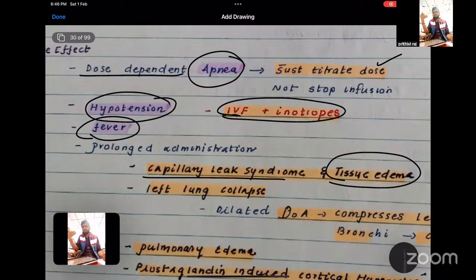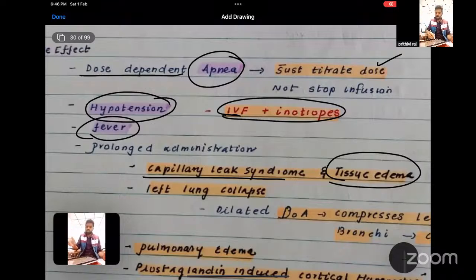Just beneath this ductus arteriosus lies the left bronchus. What happens? The ductus arteriosus gets dilated so much that a larger amount of blood is passing through it, so it becomes hugely dilated. Because of the dilated ductus arteriosus, it will impinge on the left bronchus, causing collapse of the left lung.